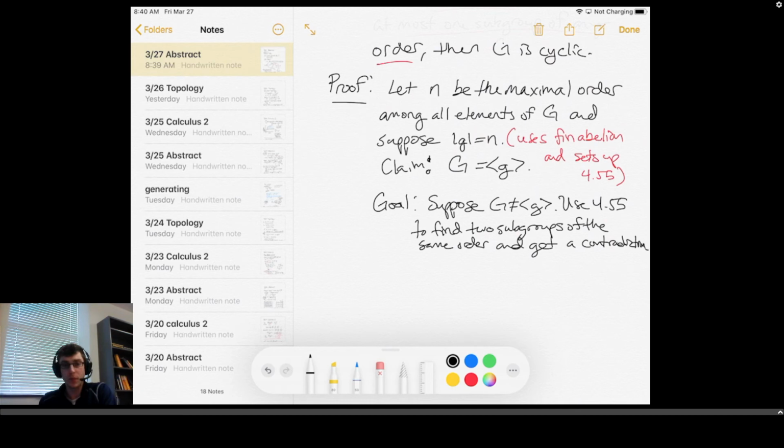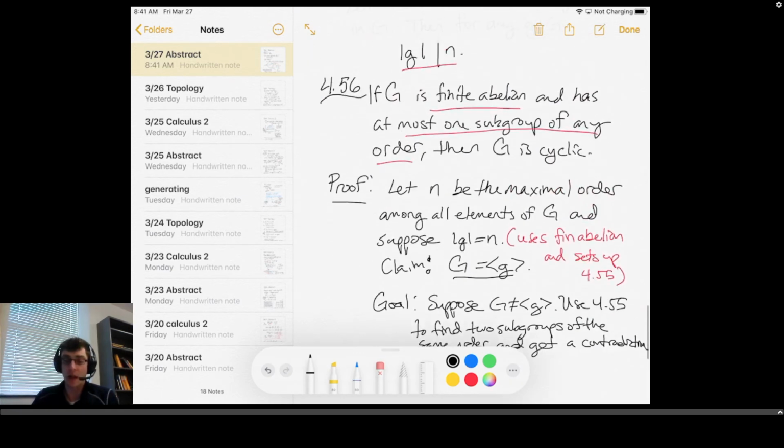Yeah, I think you're understanding it wrong. The trivial subgroup is always order 1. Then you have the subgroup generated by G, and I think you're saying that if this is true, then it would have two subgroups of the biggest order, the order of the group. But remember, if they're equal, they're not distinct.